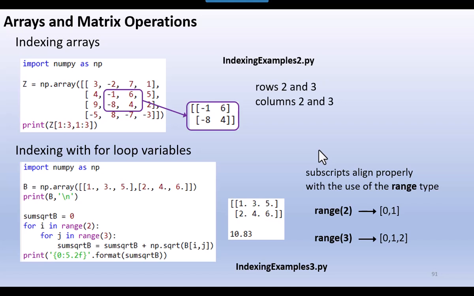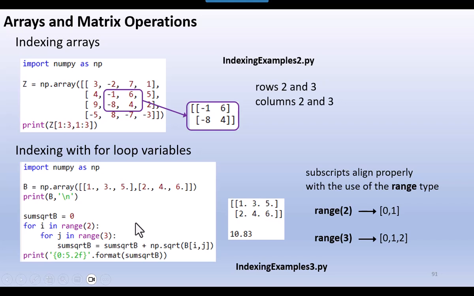That confusion does not arise in MATLAB, but you have to learn to live with it in Python. And then down below, it shows the example that we did with the nested for loops using 2 and 3.